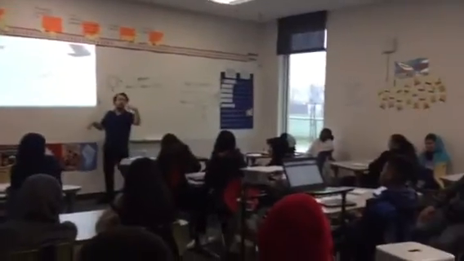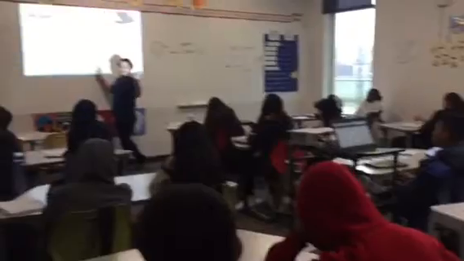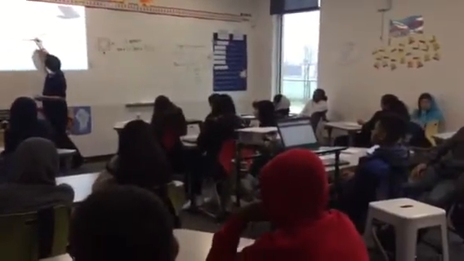Enclose the square. Enclose the square in what? Another square. Enclose it in another square, and what's helpful about that? You could count the outside. Yeah.